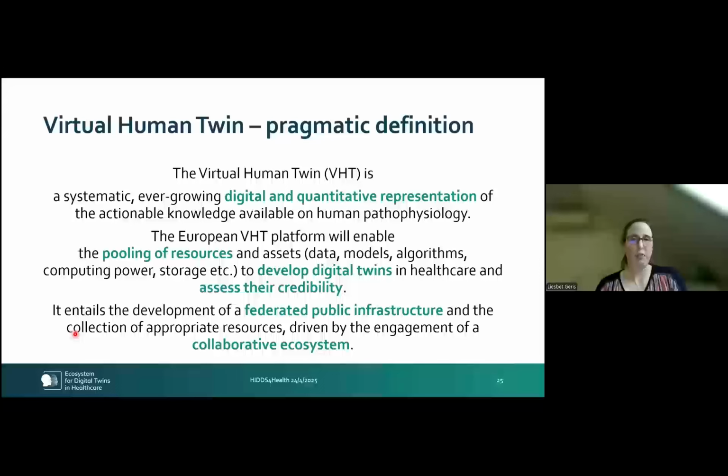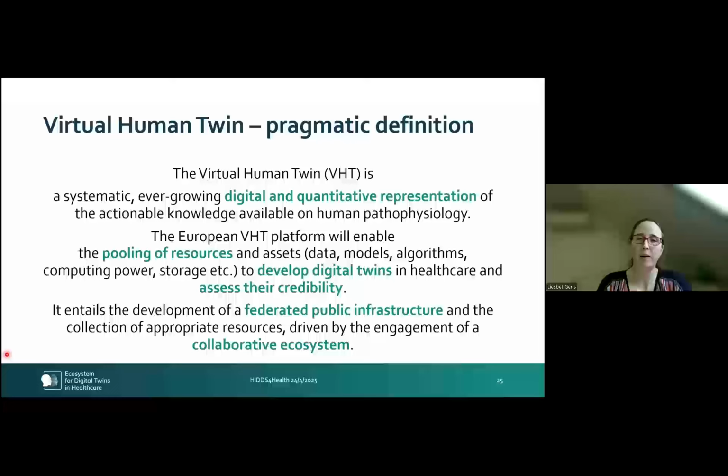Now, to start doing that, we started by first making a pragmatic definition of a virtual human twin. And rather than making reference to the digital twin definition, we said, when we're talking about the initiative, the virtual human twin, this should be a systematic and ever-growing digital and quantitative representation of all the actionable knowledge that we have on pathophysiology.